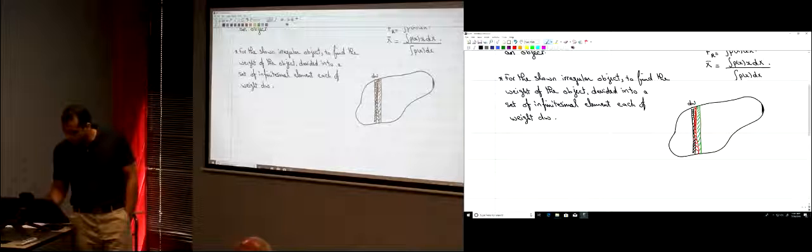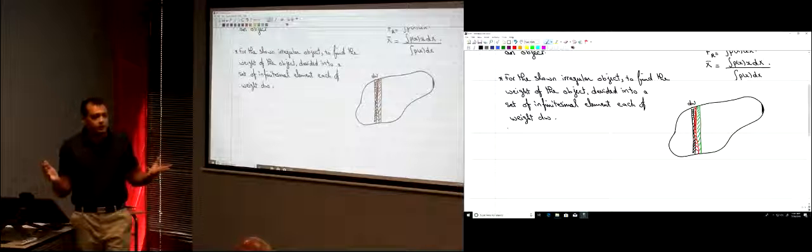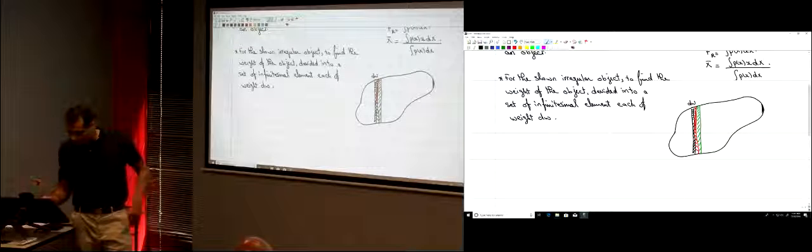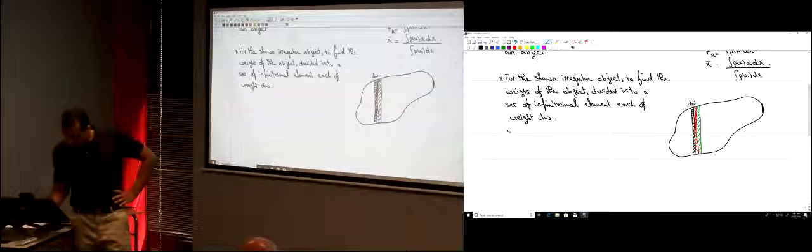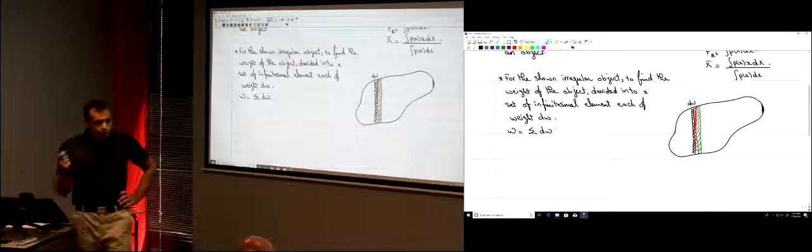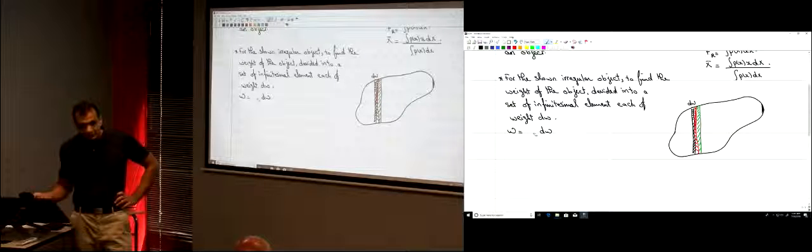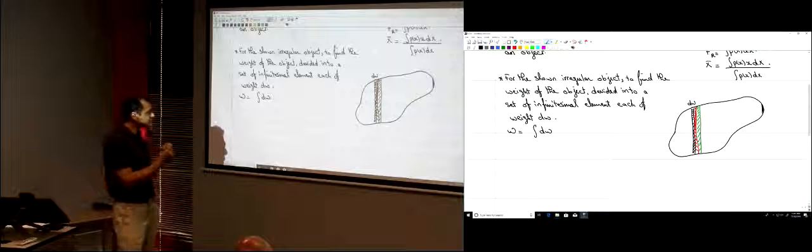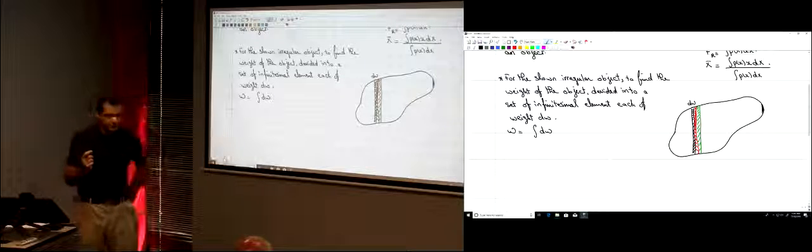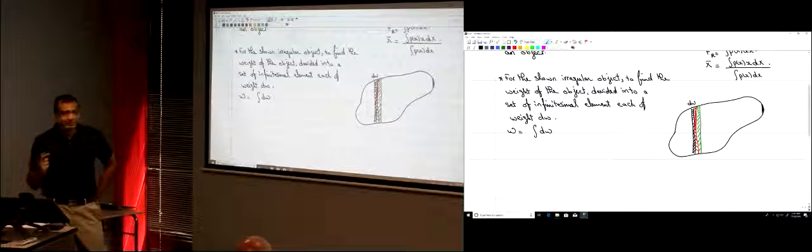So now, if you want to find the weight of the entire object, what do you do for those segments? You just add them up, right? So the weight is just the summation of those dw. But if dw is so small, it's not summation then. It's what? Integration, okay? So you integrate the weight of each of those segments. The weight of each of those segments is a function of its area, right?